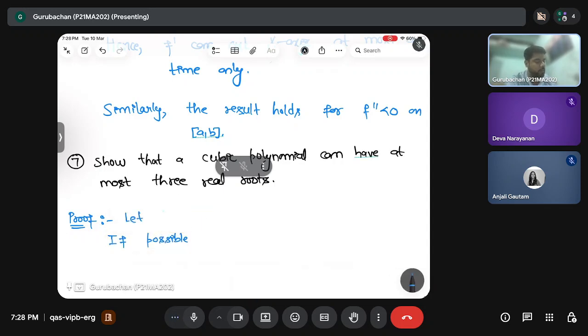Let Px be the cubic polynomial having 4 real roots.